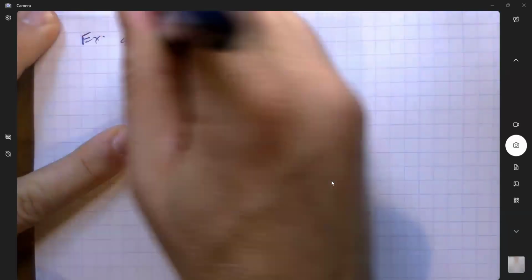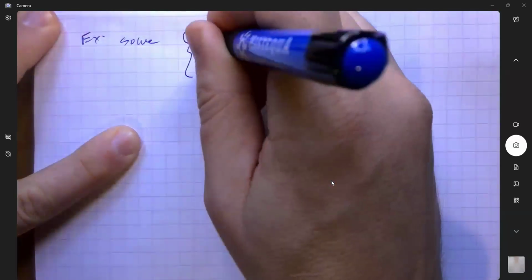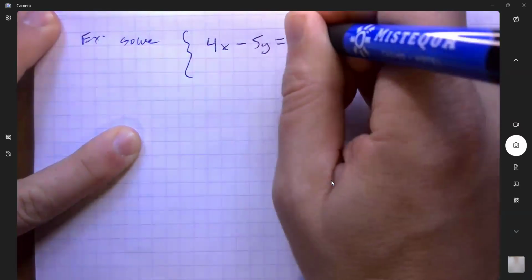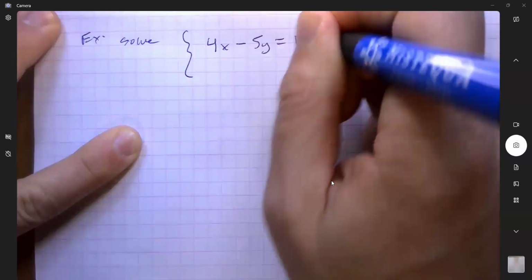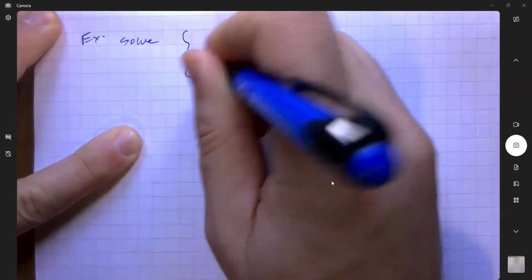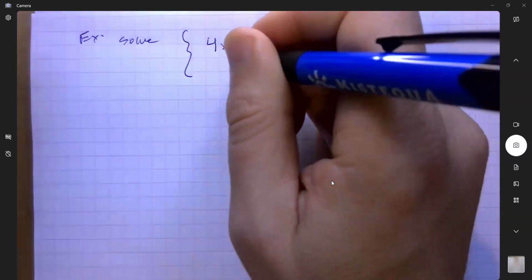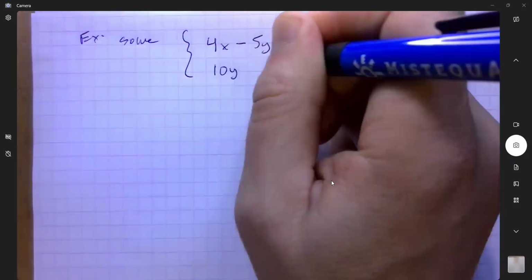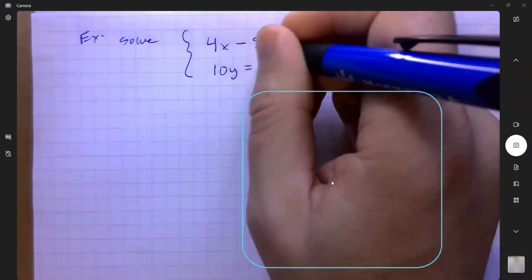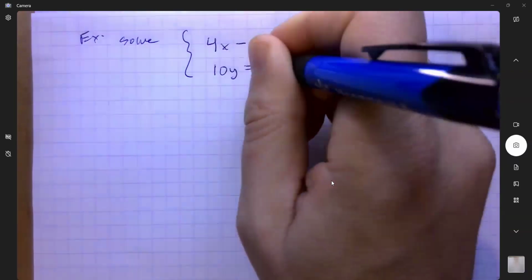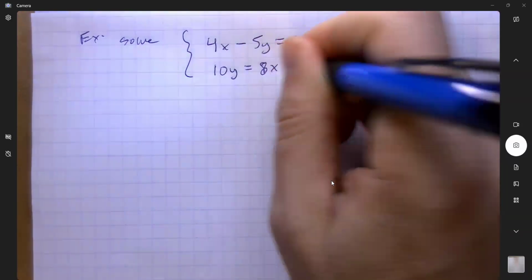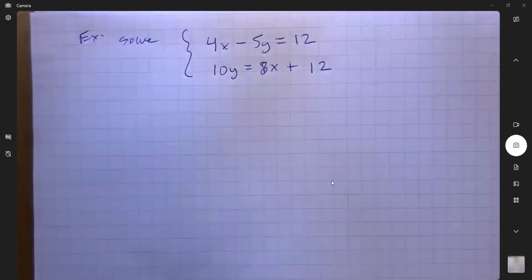Let's solve 4x minus 5y equals 12, and 10y equals 8x plus 12. I think that's going to build something useful for me.